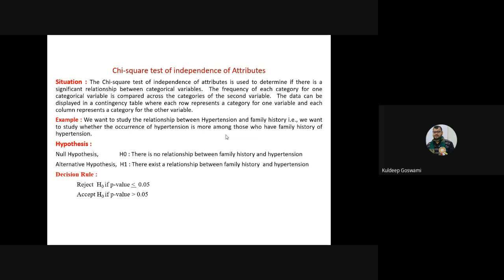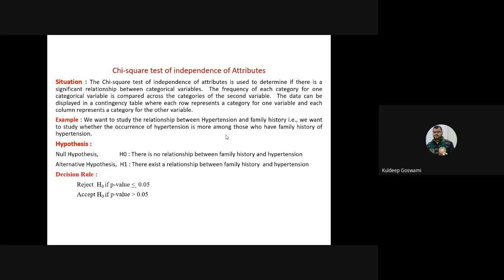Because if your parents or any members of your family have hypertension, then there is a probability of having that disease in the near future. There is some possibility, and we want to study whether the occurrence of hypertension is more among those who have a family history of hypertension.